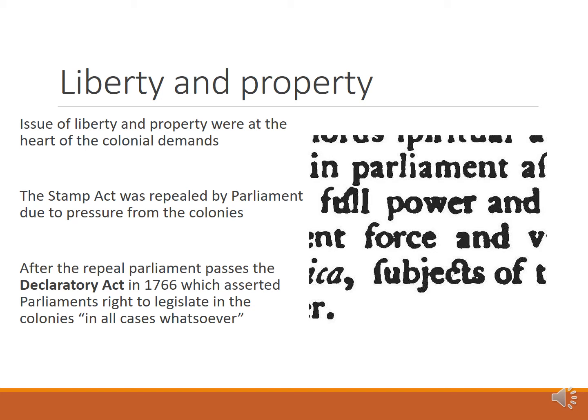And this was an act which asserted that Parliament's right to legislate for the colonies was absolute in all cases whatsoever. So despite the fact that the protests did lead to the repeal of the Stamp Act, Parliament is still asserting its authority to tax.